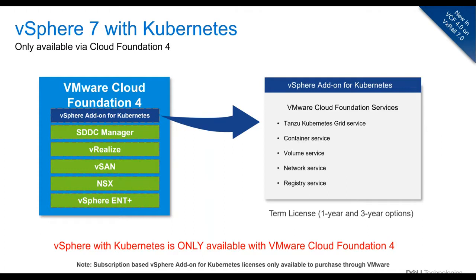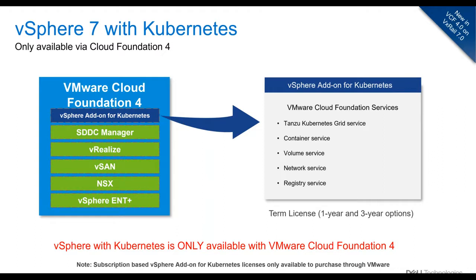This additional license is on top of the core VMware Cloud Foundation software bundles that have already existed for some time. When I want to leverage this vSphere with Kubernetes functionality, I have to purchase the vSphere add-on for Kubernetes subscription service. And at this time, that subscription service is only available through VMware.